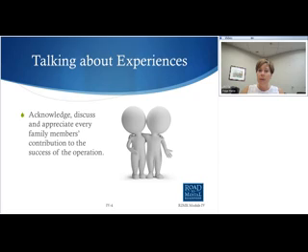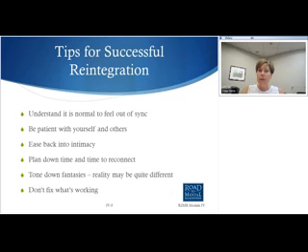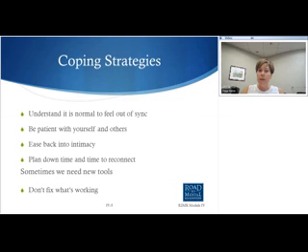We talk a little bit about that, and again, that's similar to what we did in the previous version of phase 5. After that, we move into more concrete tips for a successful reintegration, and none of that is different from what we had talked about before, obviously just the look and the feel and the language on a few of those points.